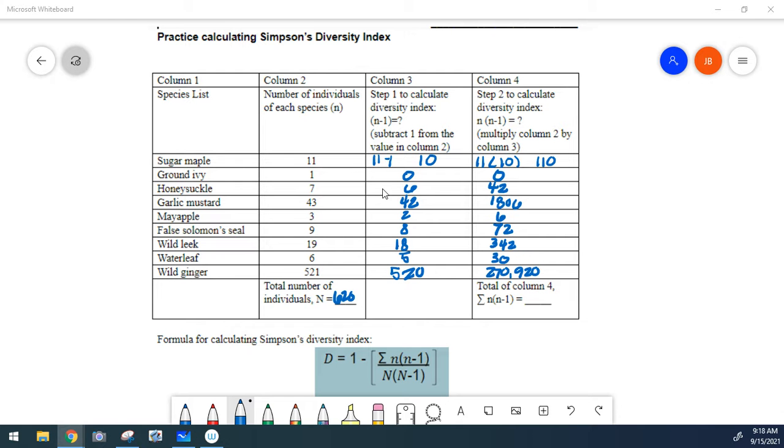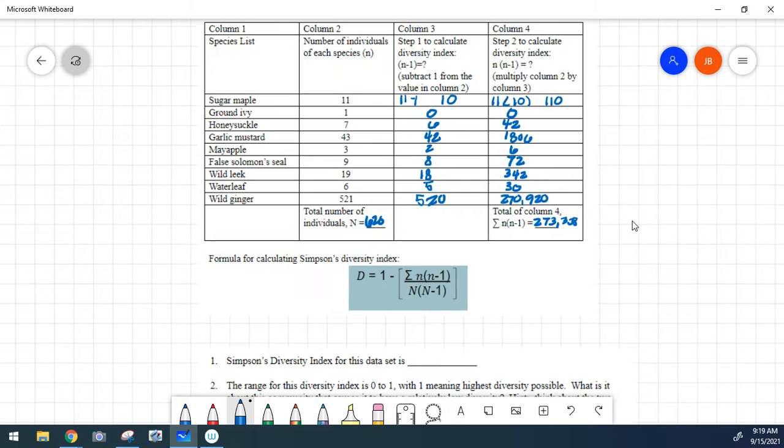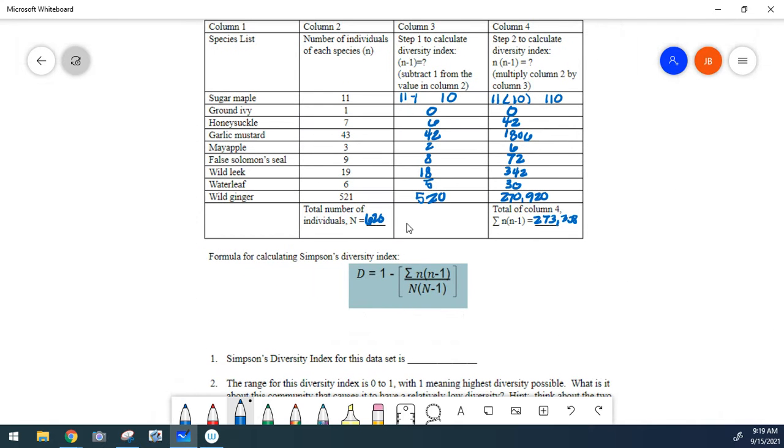Okay, so I've multiplied n times n minus 1 and filled in my column here. Now I'm going to sum this column up, and I get 273,328, as long as I haven't hit any bad numbers on the calculator. So that's what I've got for my numbers.